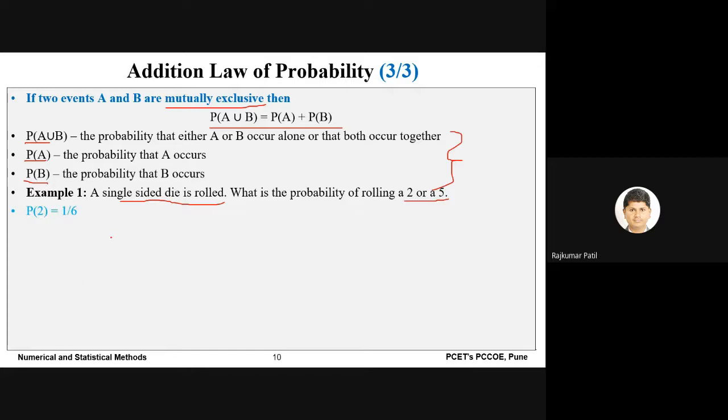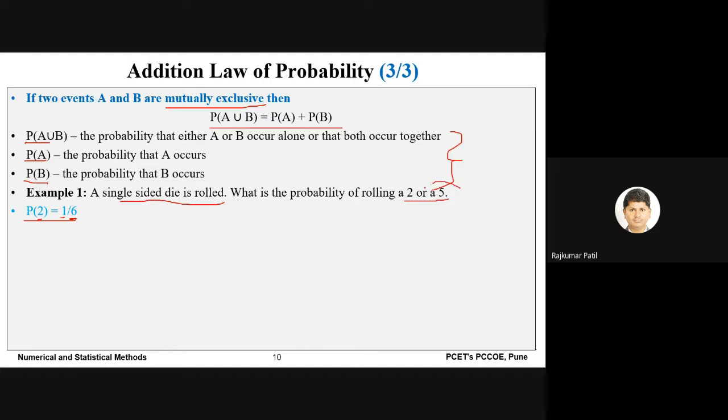We know that there are 6 surfaces numbered 1 to 6, so the total outcomes will be 6. We are interested in the probability of getting 2. There is only one surface where 2 is there, so 1 is the favorable outcome divided by the total outcomes 6. So the probability of getting 2 is 1 by 6.